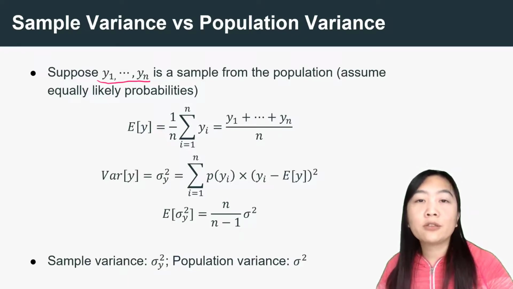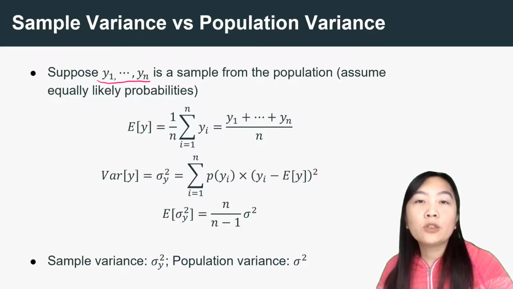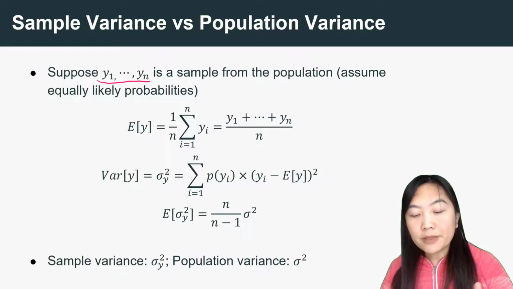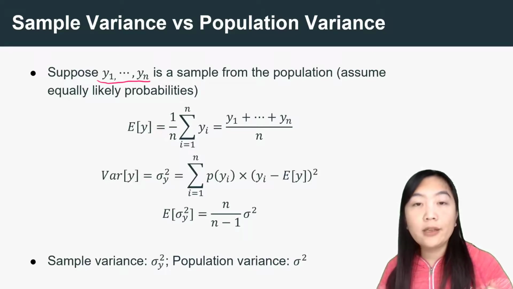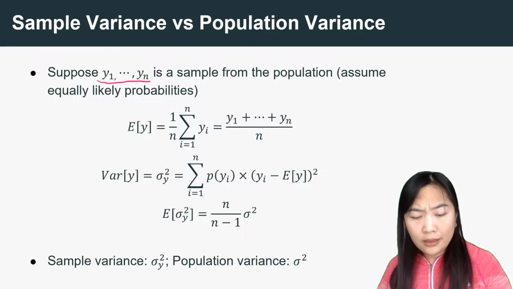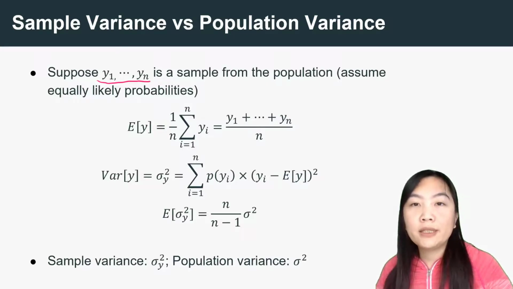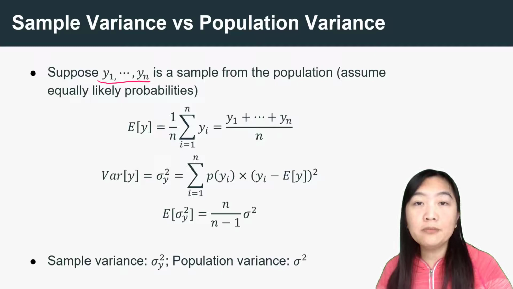For example, you decide to take 5% of the population and do your analysis for that 5%, and that is your sample. To make our life easier, let's assume the probability of each of y1 until yn happening is the same.